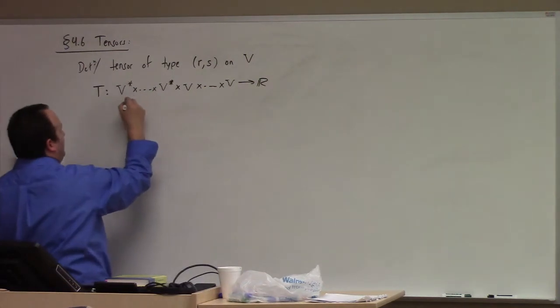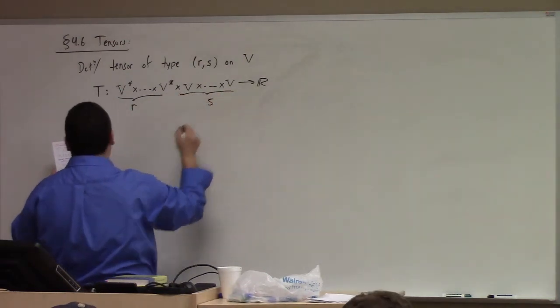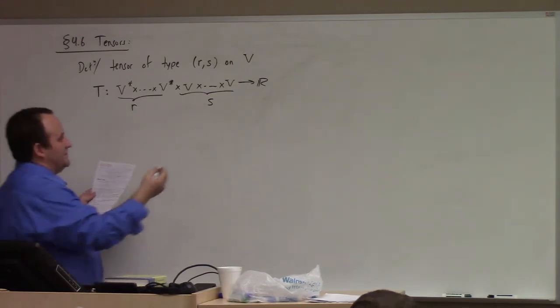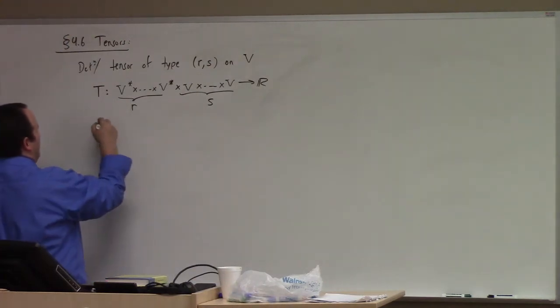You could replace that R with something else, but then it would be a whatever valued tensor. R of these, S of those. And he says that T^R_S(V) is the set of all such things. Just multilinear. That's what it takes.